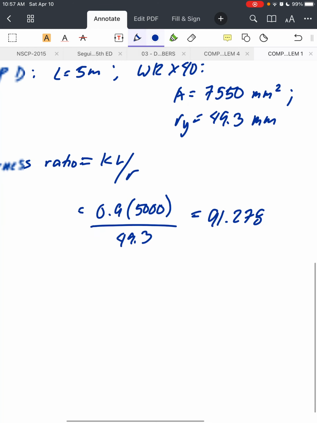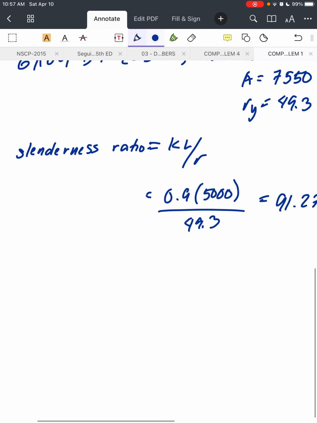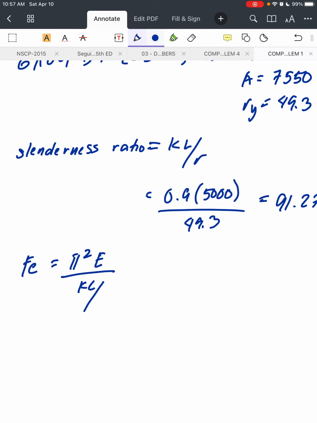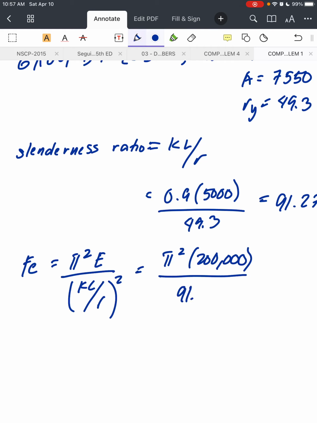So you have here 91.278. Okay. So now we can compute the buckling stress, or your Fe. So Fe again is pi squared times E over KL over r squared. So we have pi squared times 200,000 because we're using A36, over your KL over r, which is 91.278, squared.